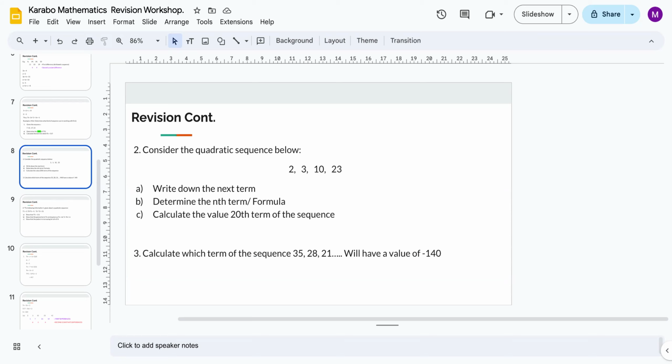Now, the last part of the question, C, asks us to calculate the value of the 20th term of the sequence. Remember what I said about value, guys, difference between Tn and n. So this is nice and quick. I'll give you guys 2 minutes to try work out what the value of the 20th term of the sequence is.